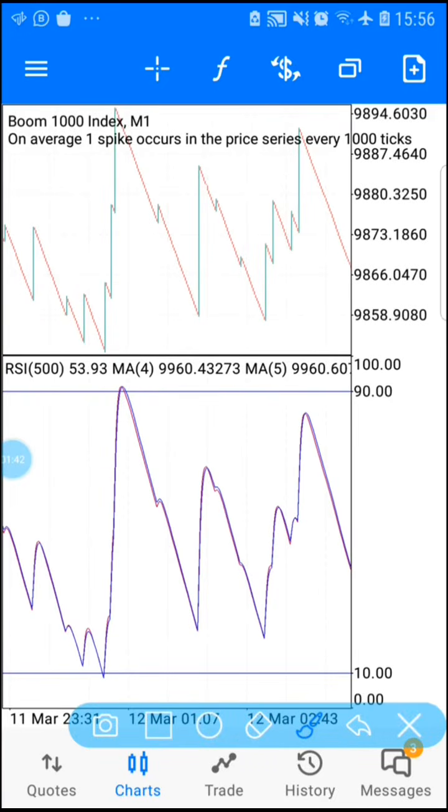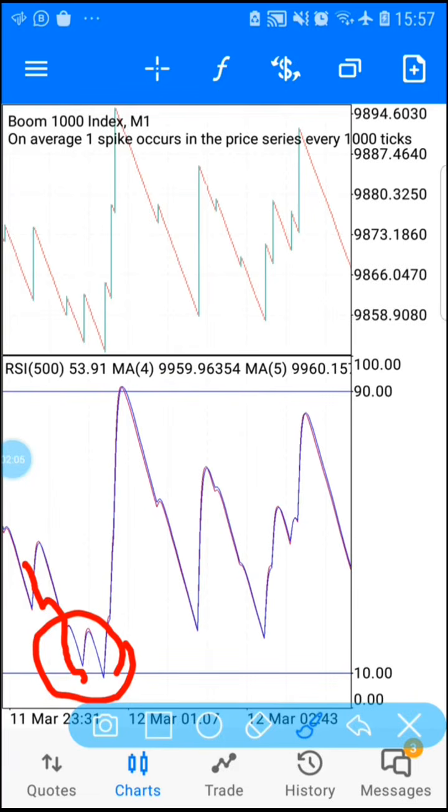If you look here where I've circled, you can see that this moving average came and it touched this 10 level, right? This is for boom. I'll also show you how to do it for crash. This is specifically for boom, how you go about it.